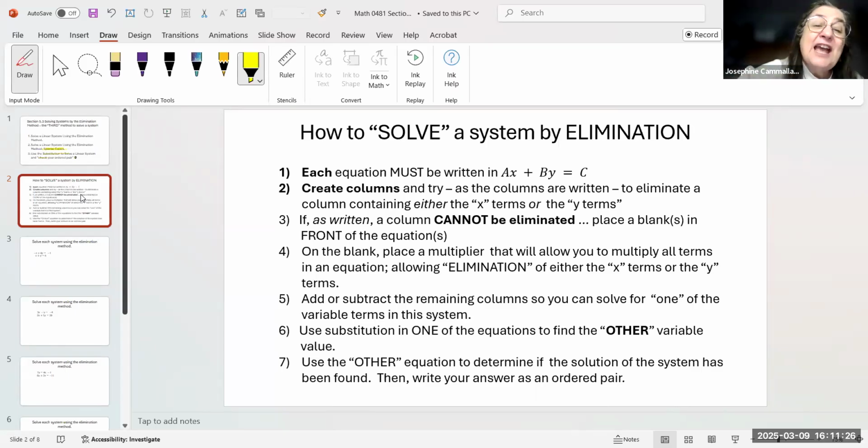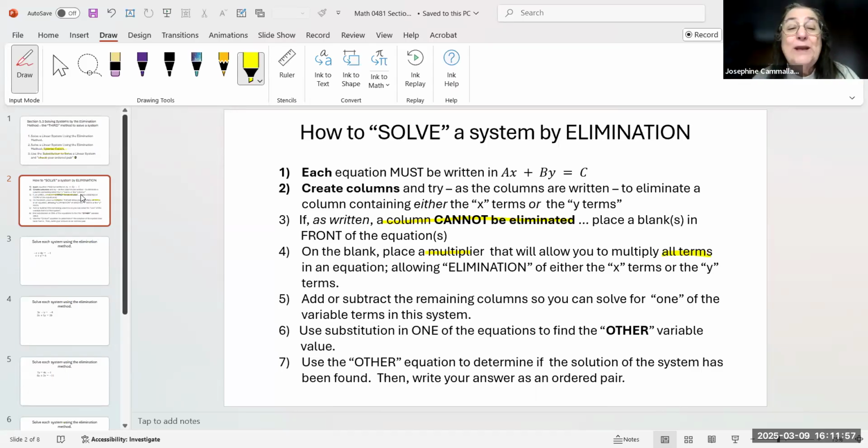Now, if a column cannot be eliminated, we're going to place a blank in front of the equation, and I'm going to show you how to use that blank. And that blank is going to have a multiplier that's going to allow you to multiply, and this is the key, all terms in the equation so that you can eliminate either x or y during a second go-around.